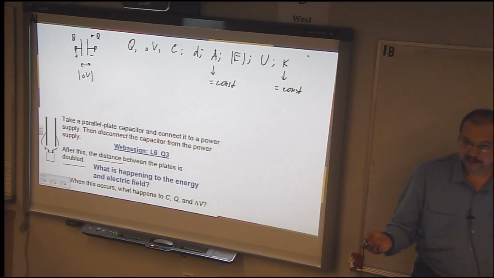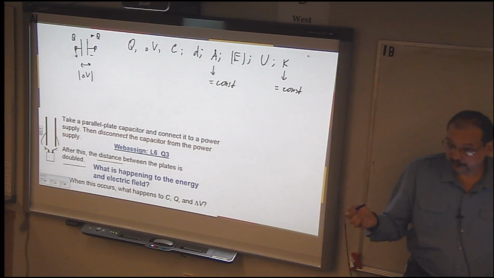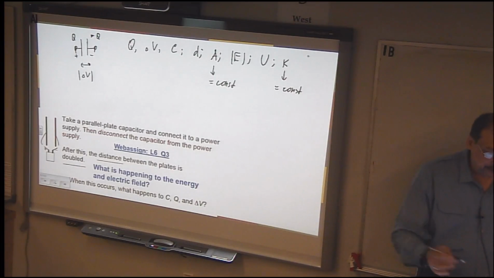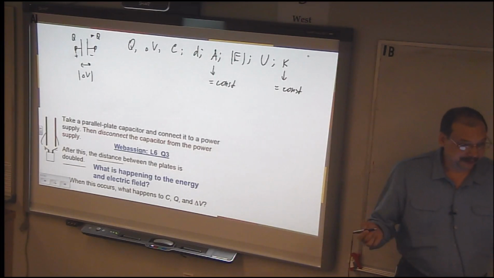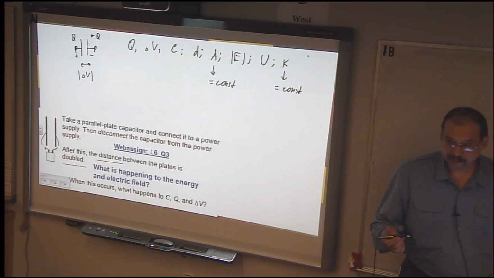And why? Because electrons don't have any room to escape. We cut the wires, well, disconnected the wires. So no matter what is happening to the plates, the number of electrons missing or extra electrons remains constant.